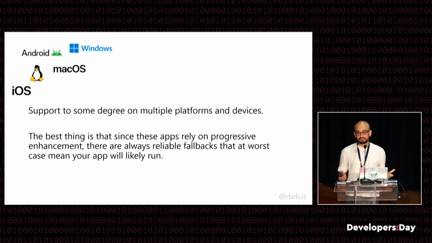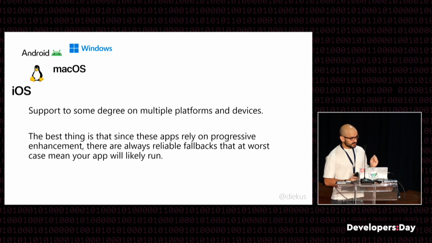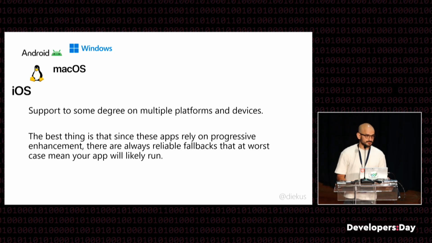Now, not everything is perfect, and I do have to say that there is support to some degree on multiple platforms and devices, but the best thing about this approach is that these applications rely on what we call, in the web environment, progressive enhancement. So there's always a reliable fallback that, in the worst case, means that your app will be running.